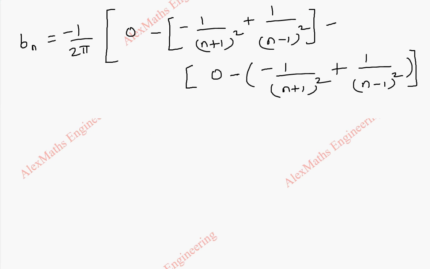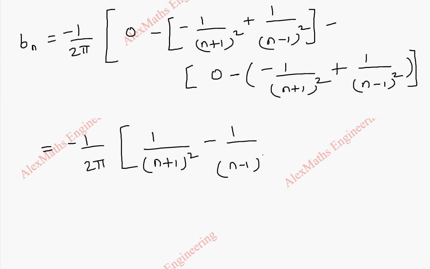On further simplification of this, we have minus 1 by 2 pi. This minus, if we take inside, it is 1 by (n plus 1) whole square minus 1 by (n minus 1) whole square. Again, this minus and this minus get cancelled.